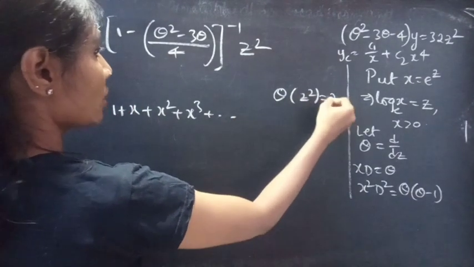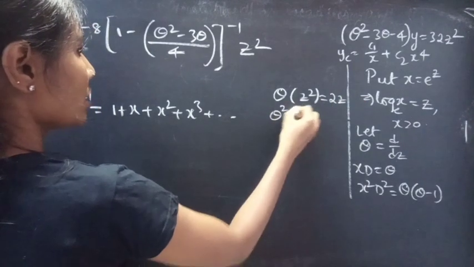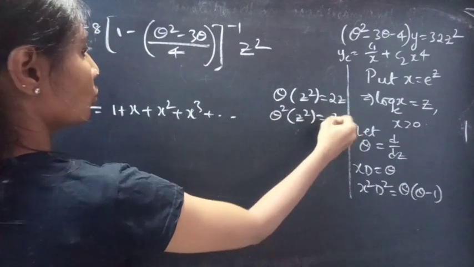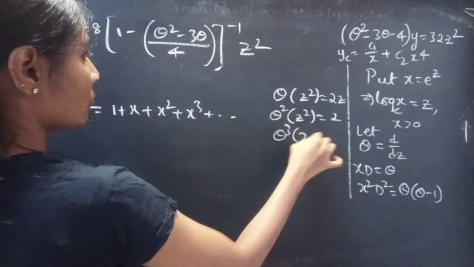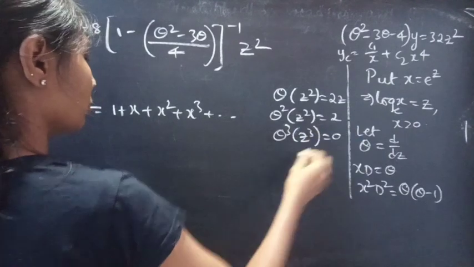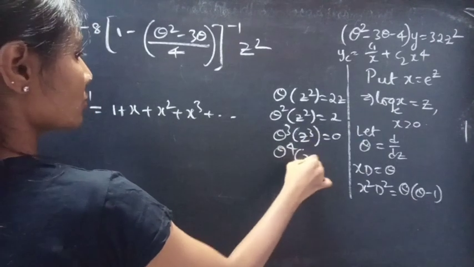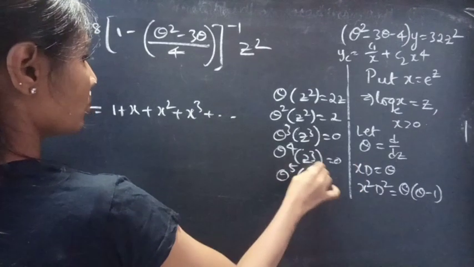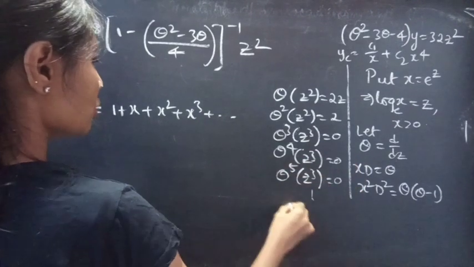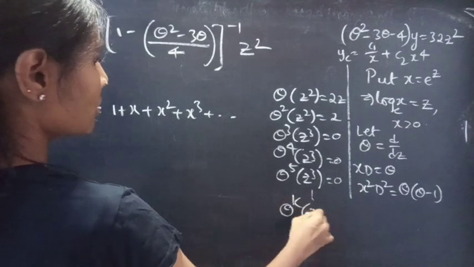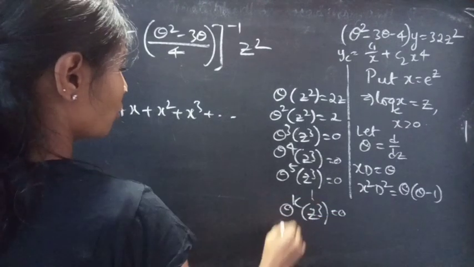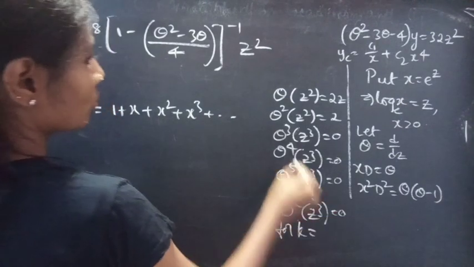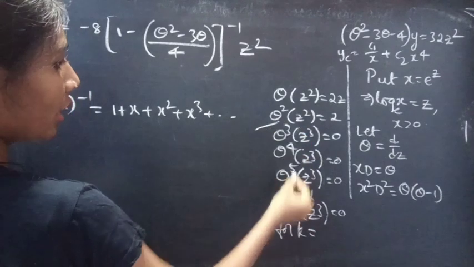Theta of z square is 2z, theta square of z square is 2, theta cube of z square is 0. Likewise, theta power 4 of z square is 0 and theta power 5 of z square is 0 and so on. In general, theta power k of z square is 0 for k equals 3, 4, 5 and so on.